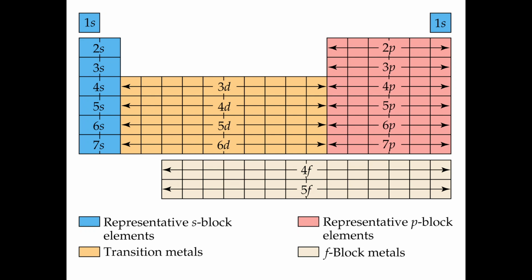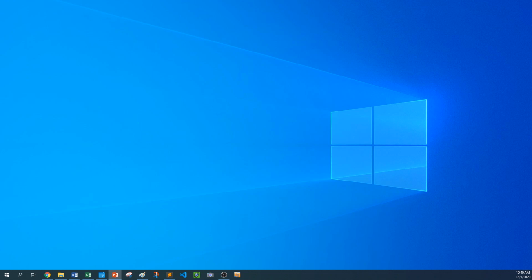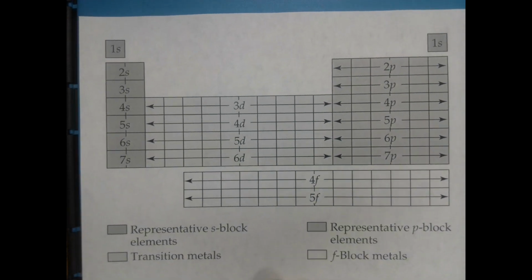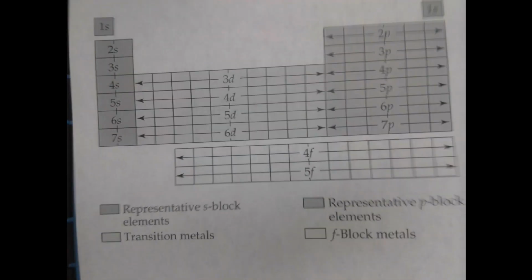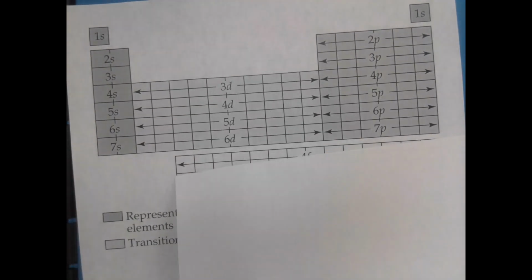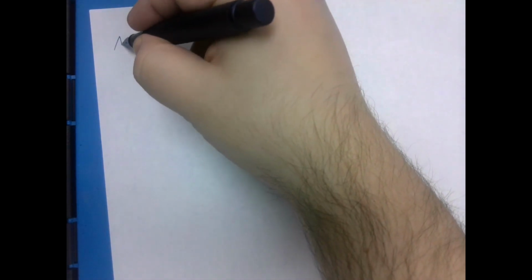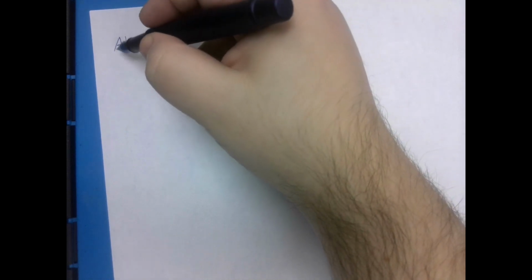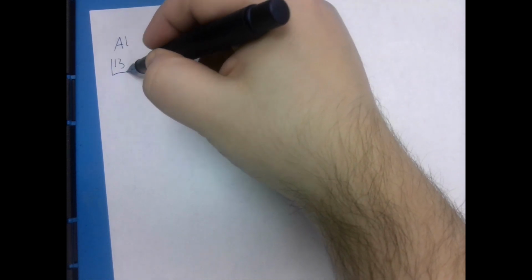So if we wanted to randomly pick something from the table, let's pick one. Let's do aluminum. So aluminum has 13 electrons.